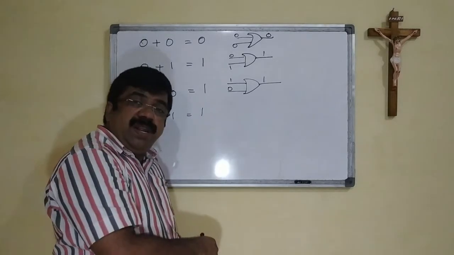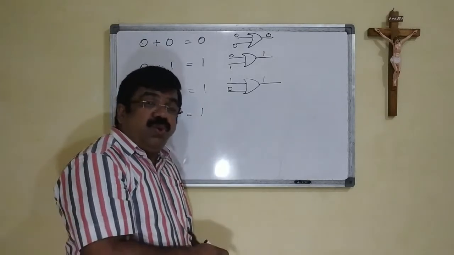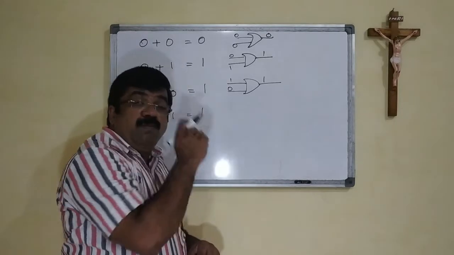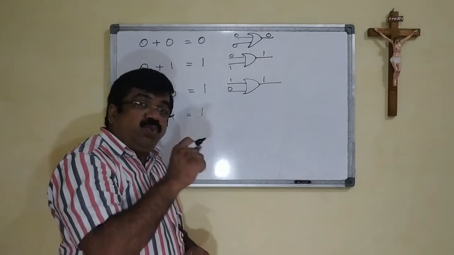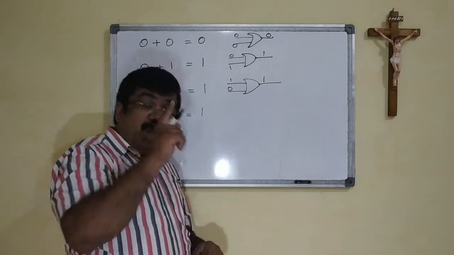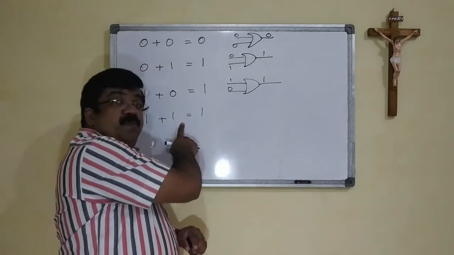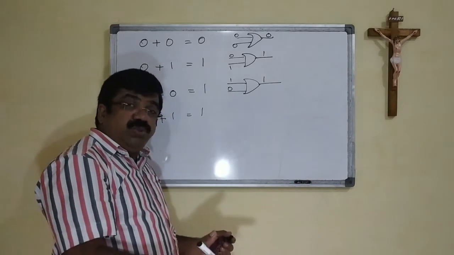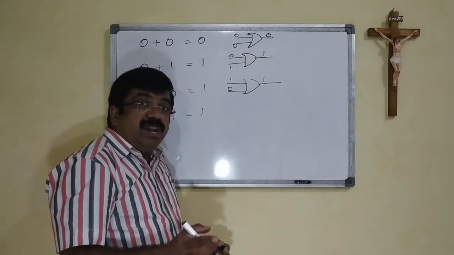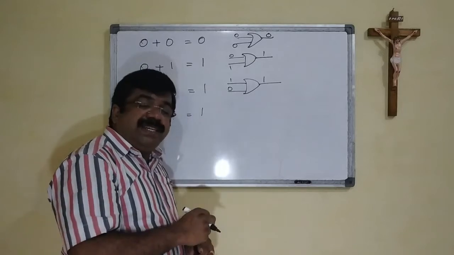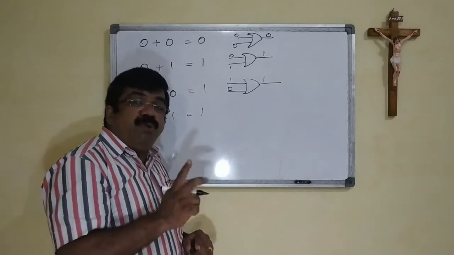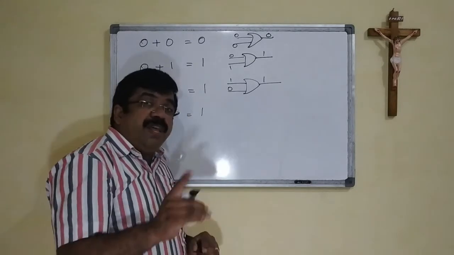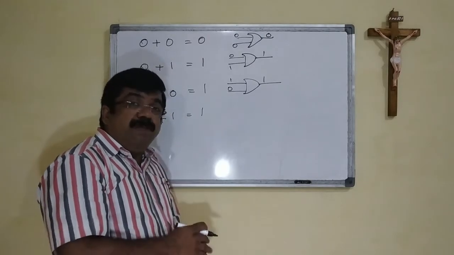1 plus 1. In mathematics it is 2, but in Boolean algebra 1 plus 1 is 1 because it is logically 1. True plus true is equal to true. Both of them are true. In the OR relation, as we saw earlier in the OR gate, when either of the inputs is high or all of the inputs are high, the output will be high.